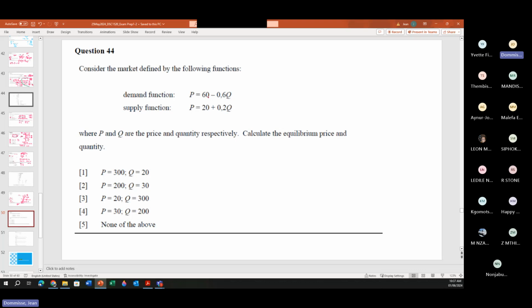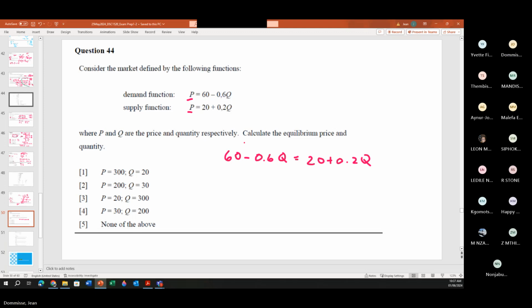So you could have used your calculator, using this as a simultaneous equation. How I'm going to look at it is, okay, we've got a P that is similar. So I'm just going to use it as the one equation is equal to the other equation. So those two will be equal.